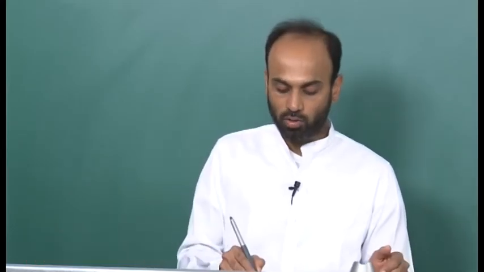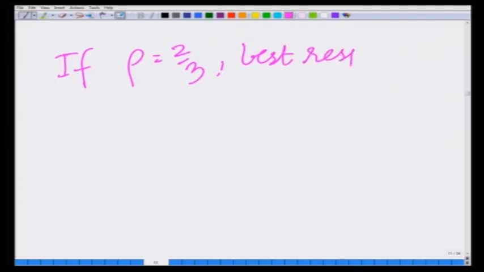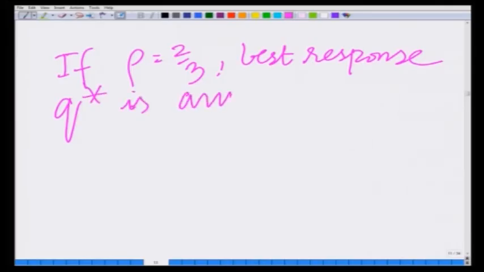So, the best response q star, if p is equal to 2 by 3, is any q star with 0 less than or equal to q star less than or equal to 1.